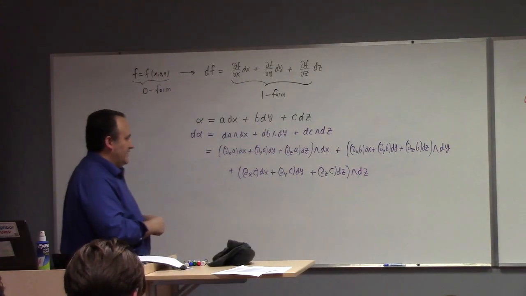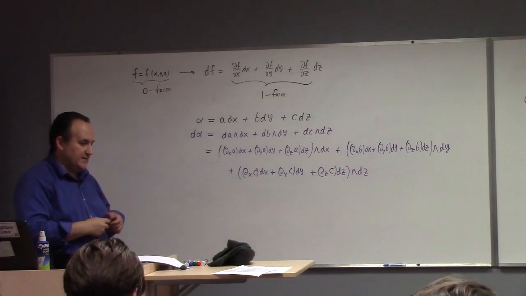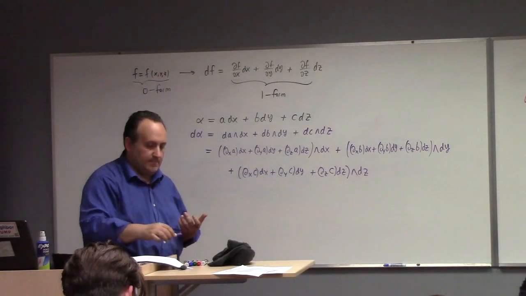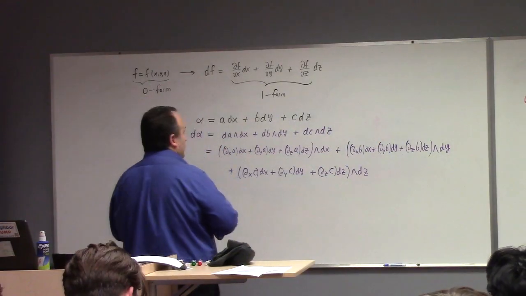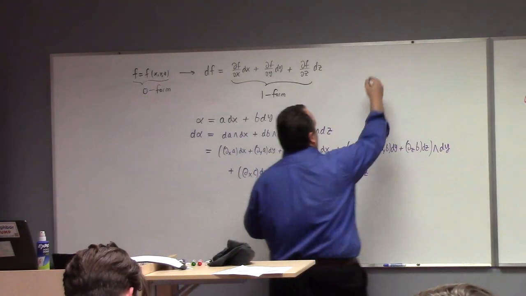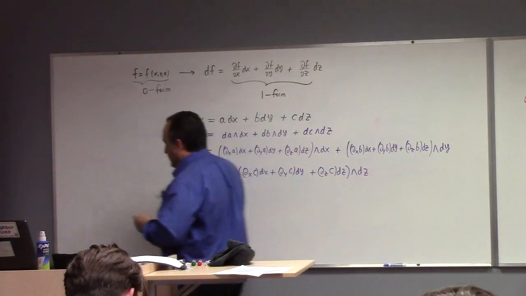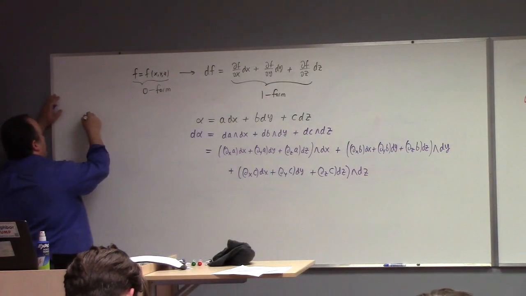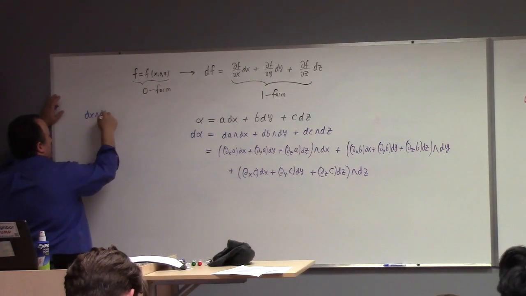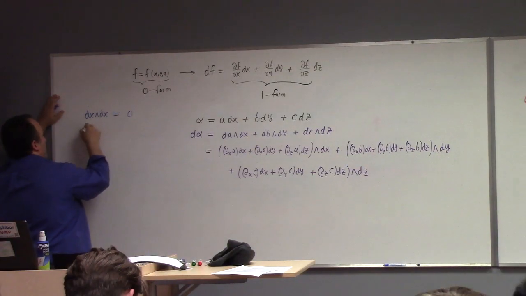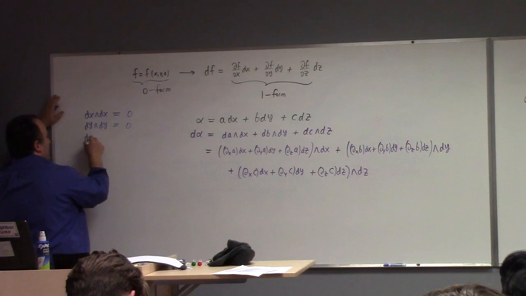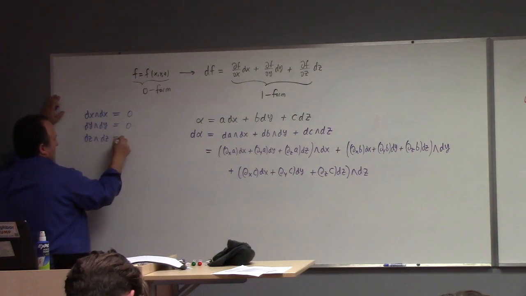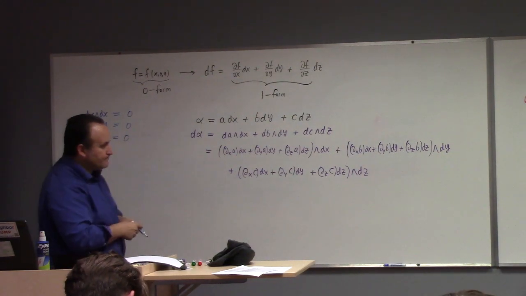Now let me tell you the story of how the wedge product works. The wedge product is a new algebra, and in summary, I can show you how it works really briefly. Basically, these are the rules that govern it: dx wedge dx is 0, dy wedge dy is 0, and dz wedge dz is 0.